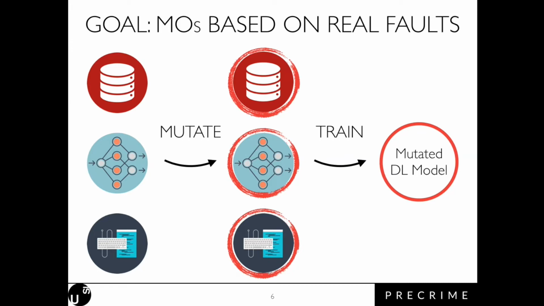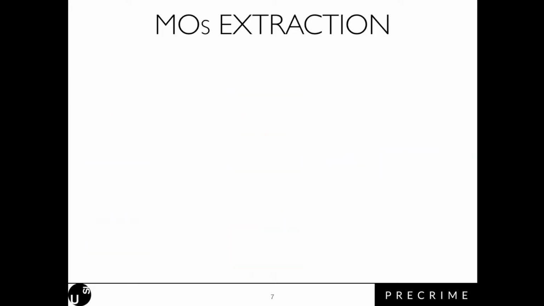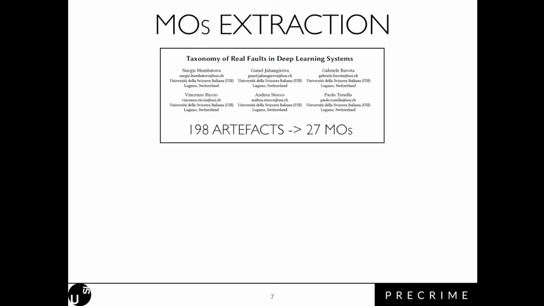But what are the real faults in deep learning systems? To learn this, we went to a couple of sources, and the first of them is the taxonomy of real faults in deep learning systems. And this work I actually presented at the previous seminar.